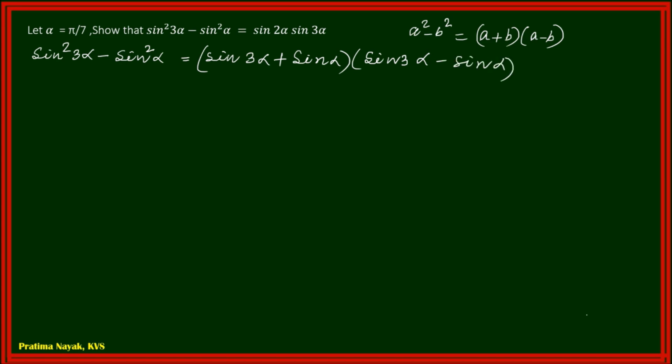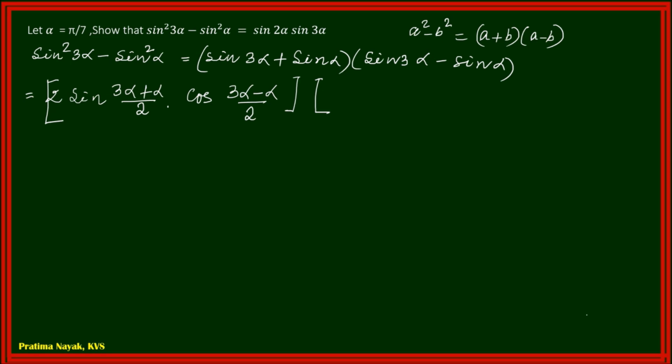In the next line, I'm writing the LHS. Here sine 3 alpha plus sine alpha, I'll apply the formula sine A plus sine B, that will be twice sine of A plus B by 2, that means 3 alpha plus alpha by 2, whole, multiplied by cos of A minus B by 2, so 3 alpha minus alpha by 2, multiplied by sine 3 alpha minus sine alpha.